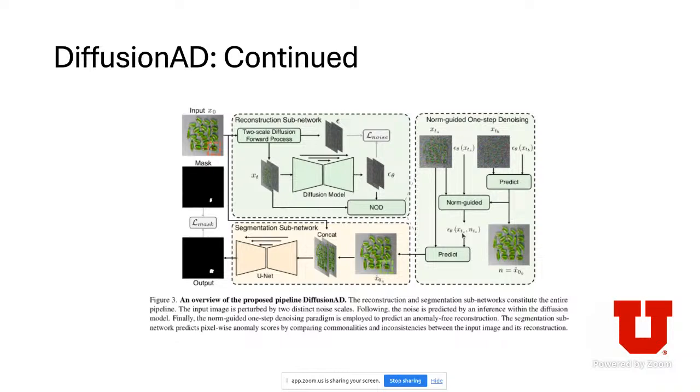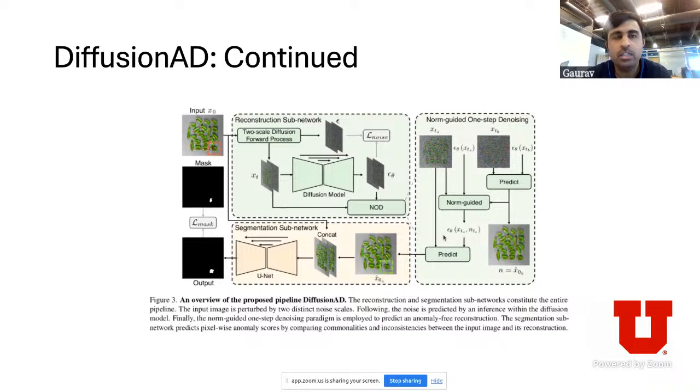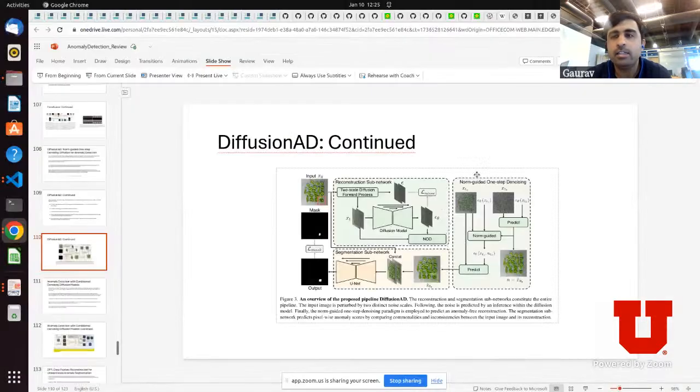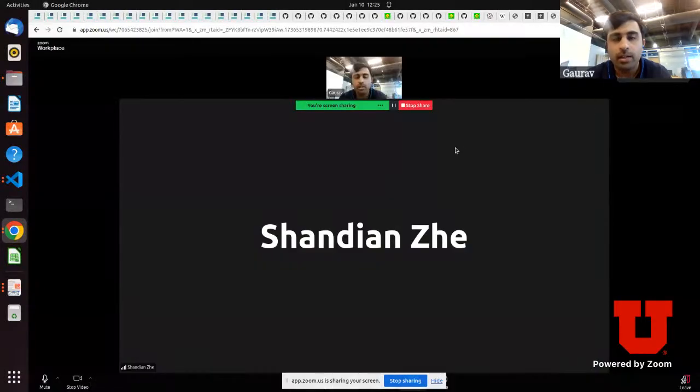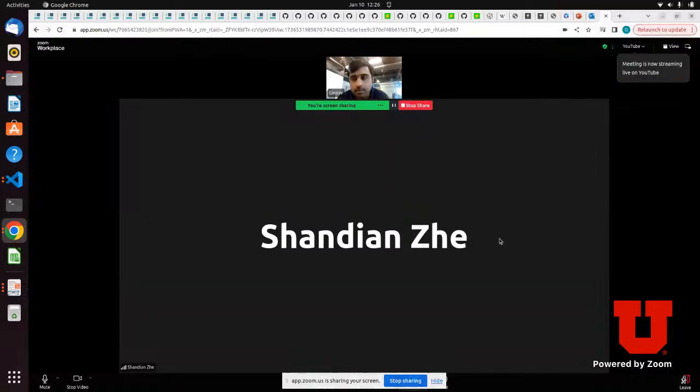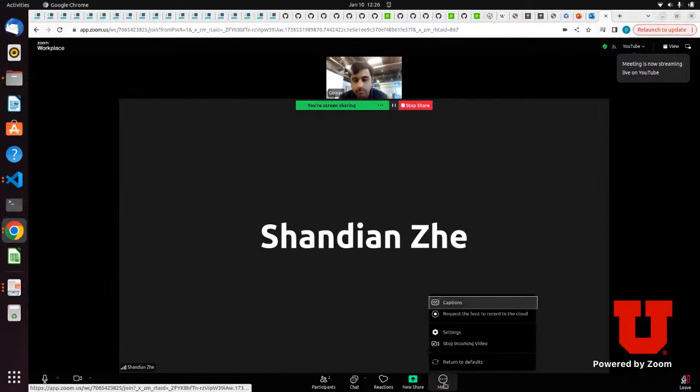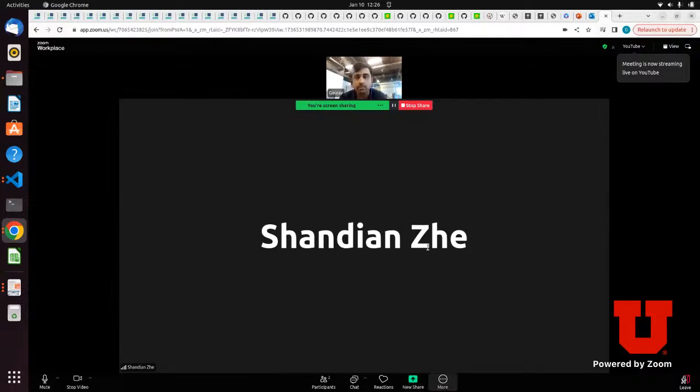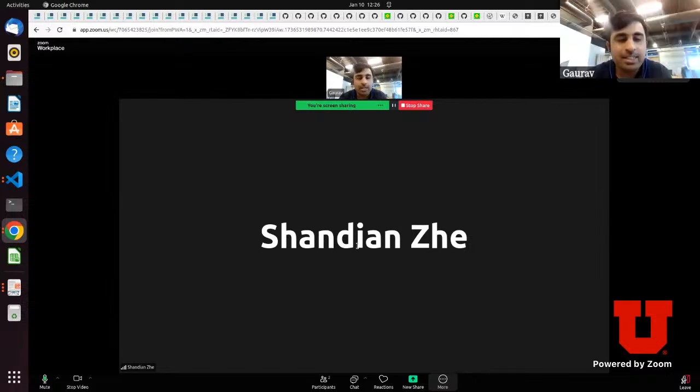So how can I make the comments? Why can't I make any comment? Yes, I think I can just take the screen and see. It's weird. I want to draw something on it.